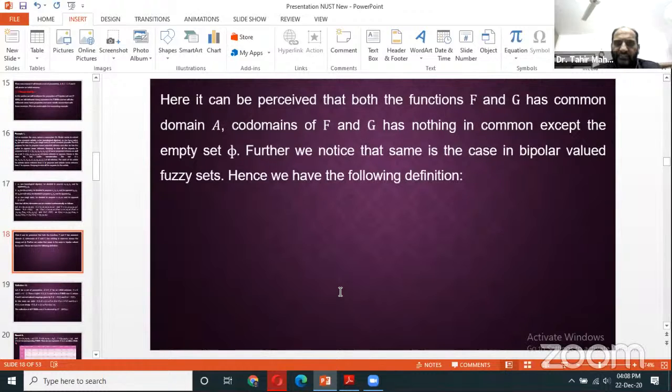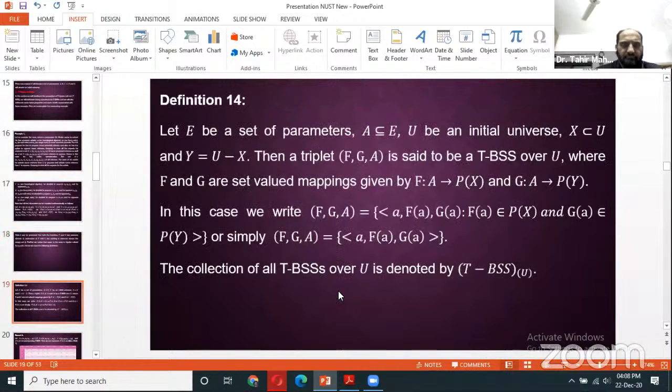Further, we notice that the same is the case in bipolar valued fuzzy sets. Hence, we have the following definition.